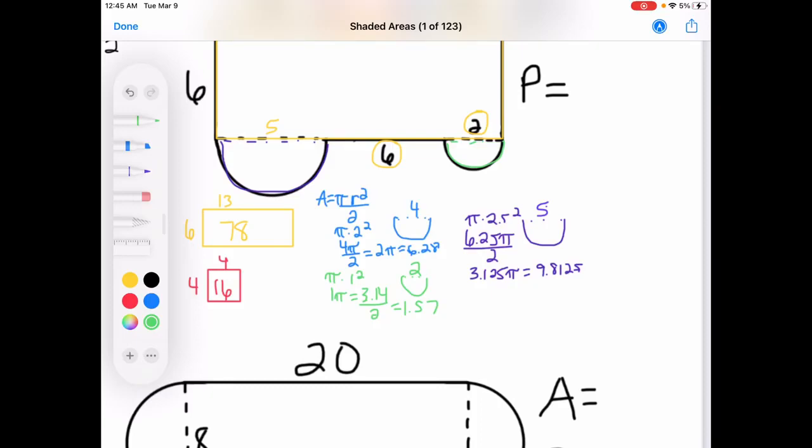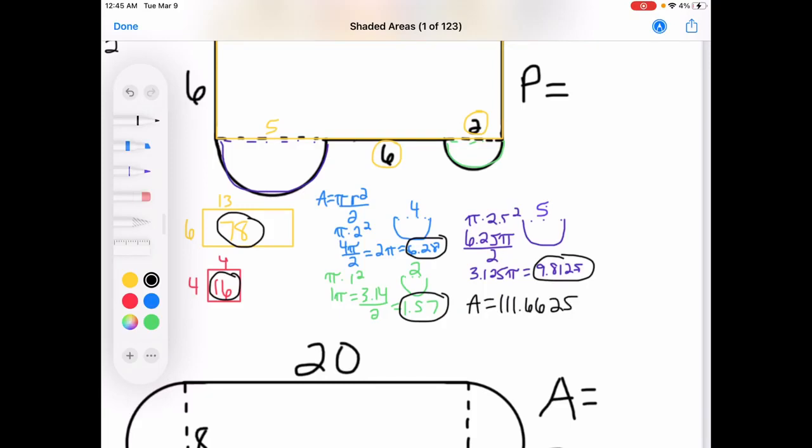Okay, so now I just need to combine all of my areas. So I have 78 square units, 16 square units, 6.28, 1.57, and 9.8125, which gives me 111.6625.